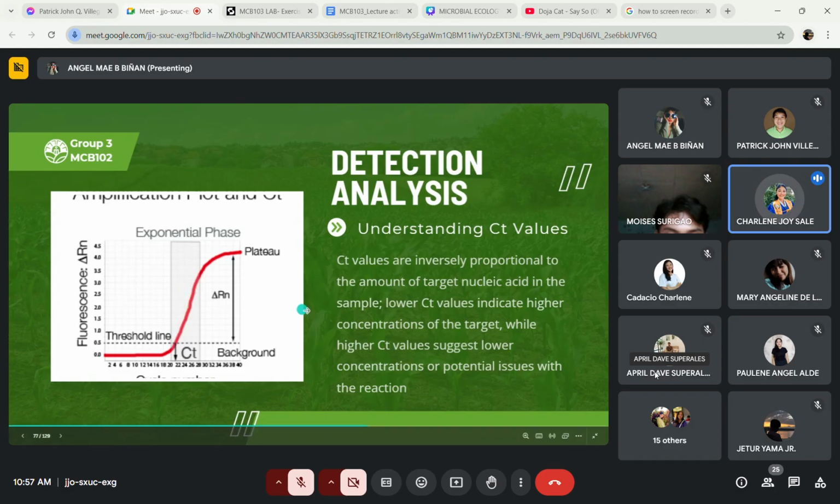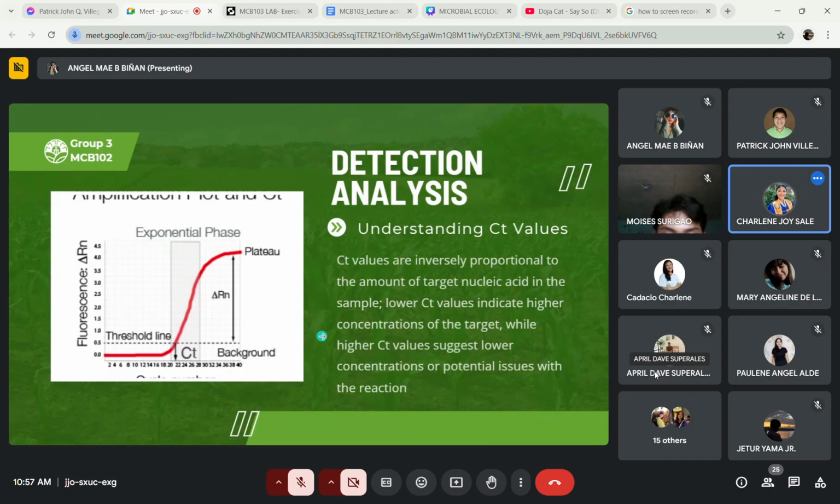So, again, the CT value is inversely proportional to the amount of target nucleic acid in the sample. So lower CT value, lower number of cycles, higher concentration of the target, daghan ang target.